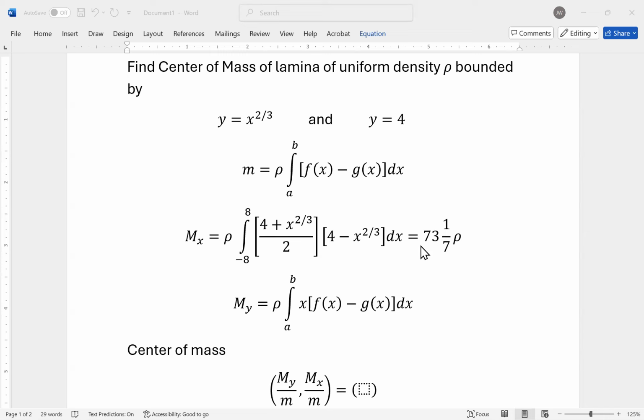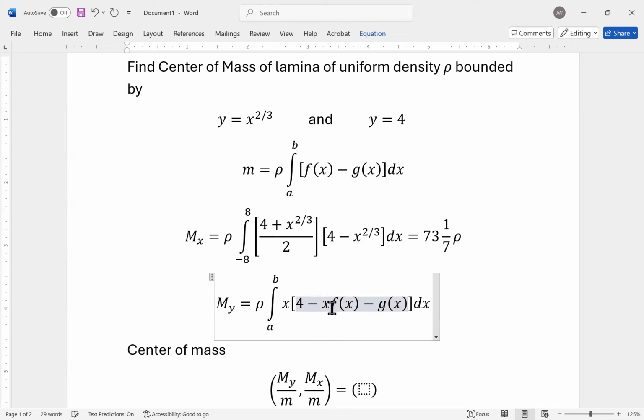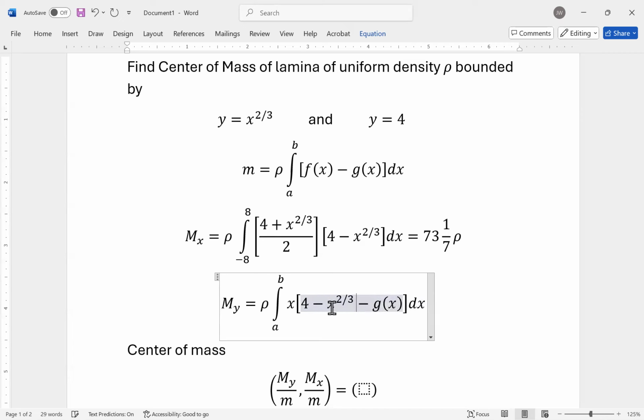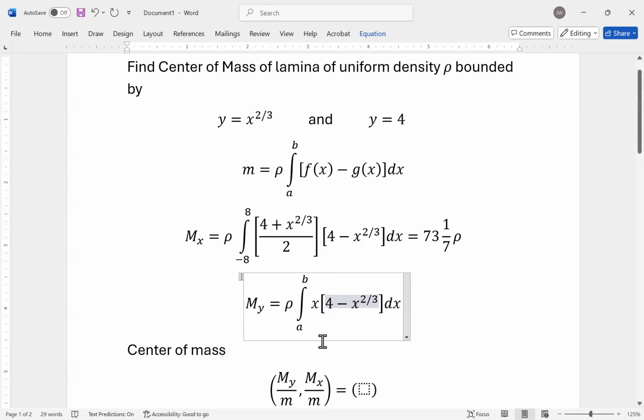But there it is. Once we've done that, then I can eliminate this very big first piece and replace that with an x and take 4 minus x to the 2/3 power as my f minus g. We're going to integrate that from -8 to +8.